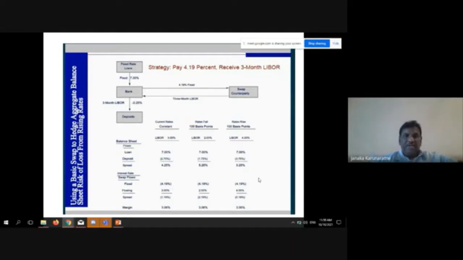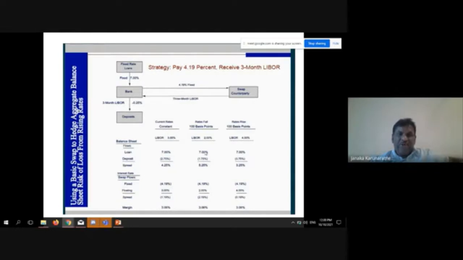Right? So now, as a result of the swap, I have maintained my margin at a comfortable level. It is because I am certain now. I am certain whatever happens in the LIBOR rate. Even if LIBOR at 3% remains the same, my net margin would be this.